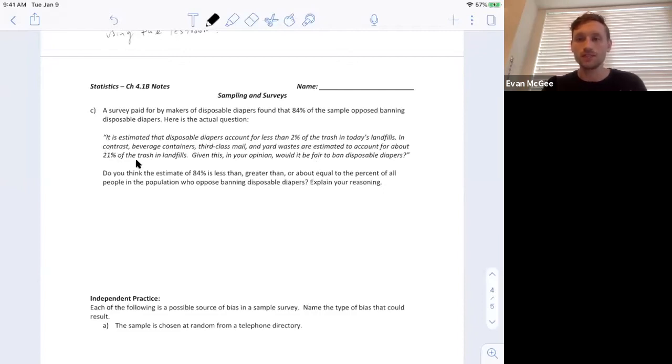So after they've given that information, most people are going to respond saying that it's not fair to ban disposable diapers. They're not as bad as containers, third-class mail, and yard waste. So in this case, the wording of the question is biasing their responses.